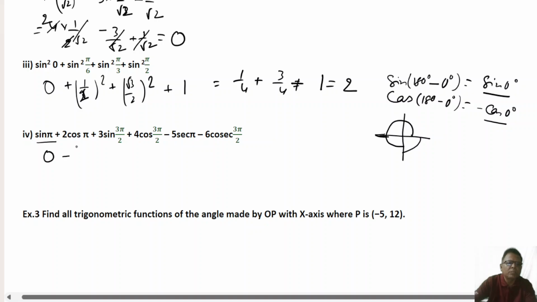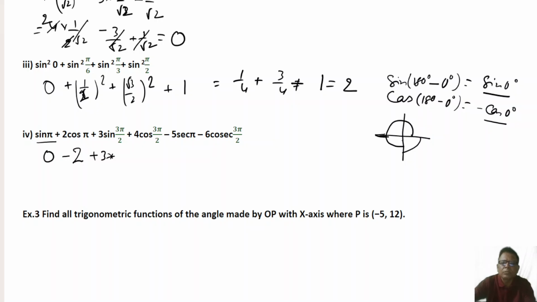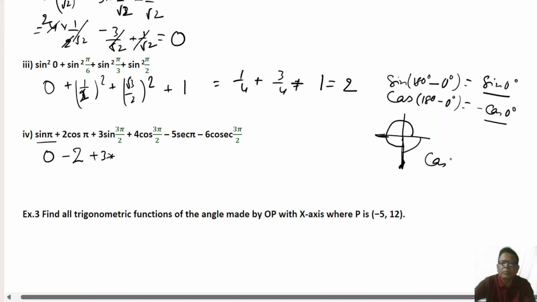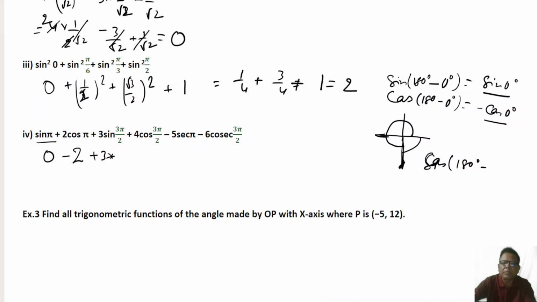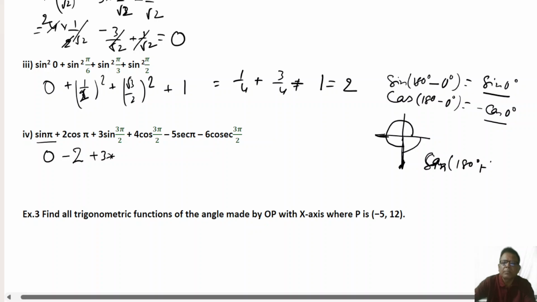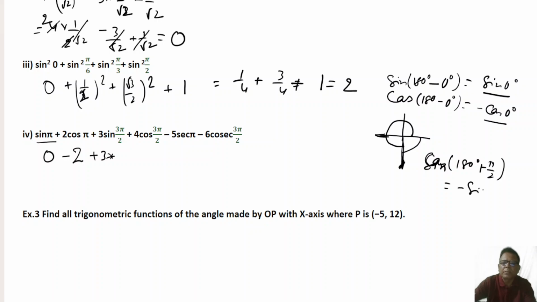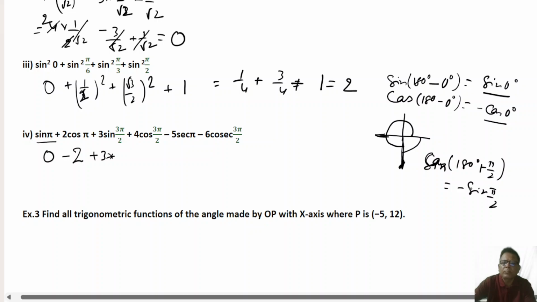So minus 1 into 2, minus 2 plus 3 into cos 3 pi by 2. So 3 pi by 2 here. Use this formula, 180 plus degree. Sin 180 degree plus pi by 2 is equal to minus sin pi by 2.